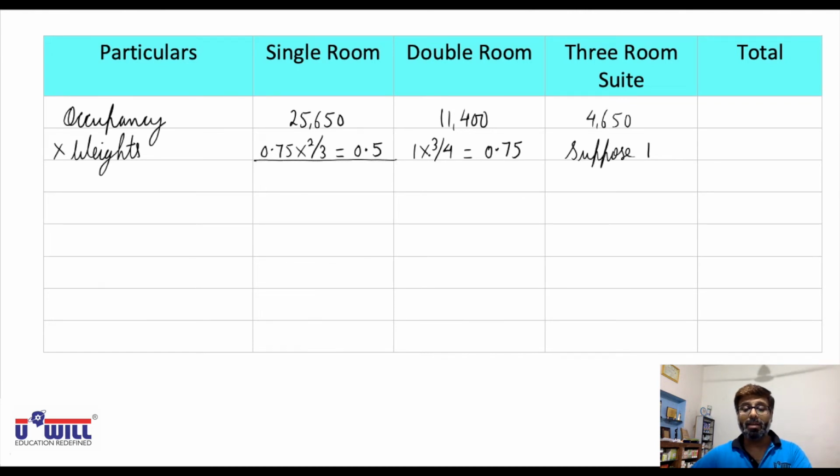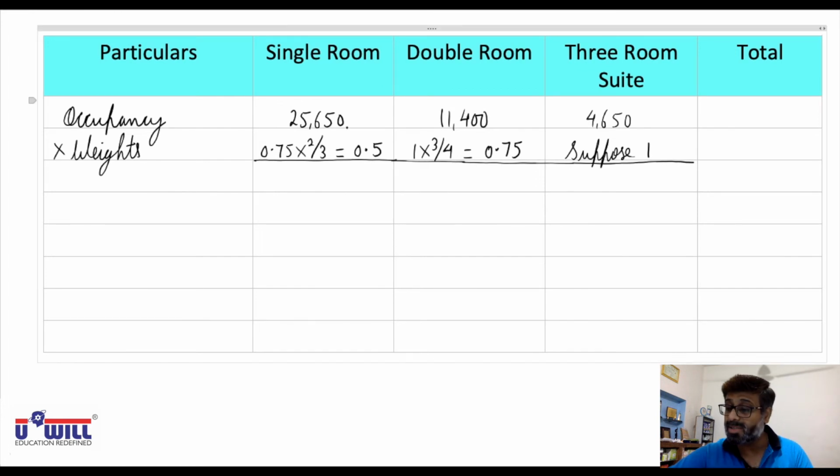So this is again one thing different from past questions, where double room was given in comparison of single room and triple room in comparison of double room. Here entire reverse. Double room in comparison of 3 room and single room in comparison of double room. Now 25650 into 0.5.